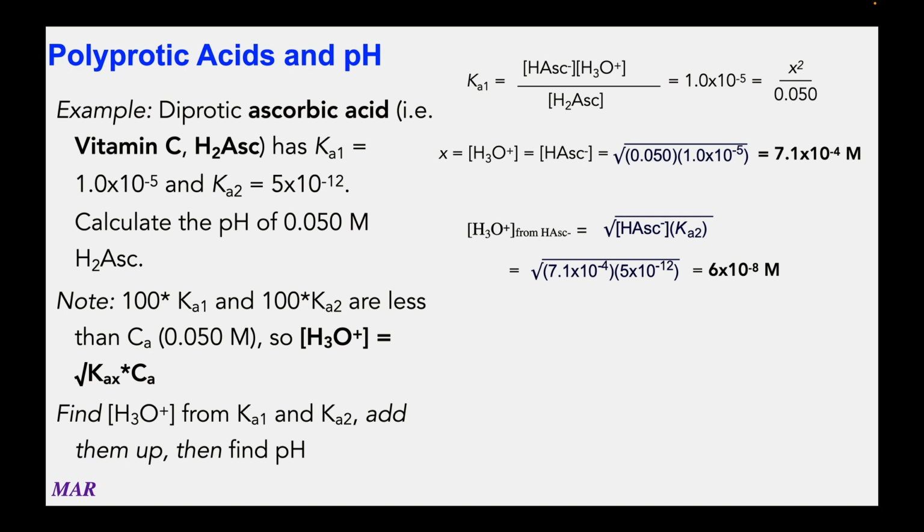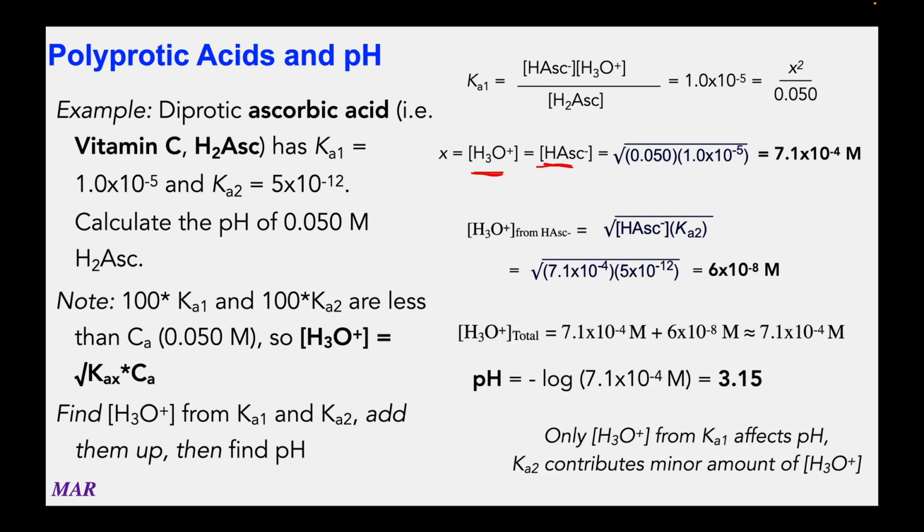So notice here that we're using the same hydronium value from the first one, 7.1 times 10 to the minus 4, because that equals not only the hydronium, but it also equals the concentration of the conjugate base, which is the acid now in this part. Whoa, kind of crazy. But anyway, if you realize that, then square root Ka times Ca, the new Ka is 5 times 10 to the minus 12. The new concentration of the acid now is 7.1 times 10 to the minus 4. Throw this in your calculator. Hydronium, 6 times 10 to the minus 8 moles per liter.